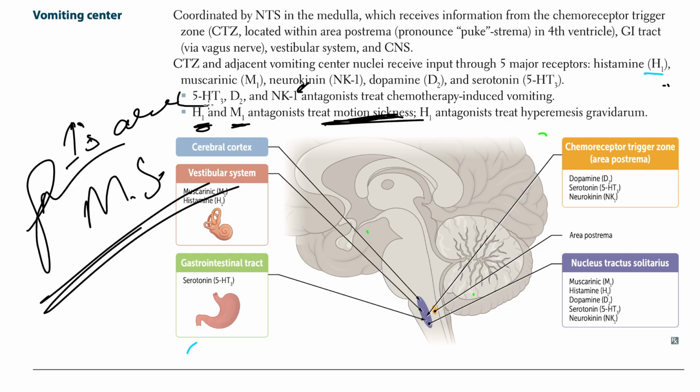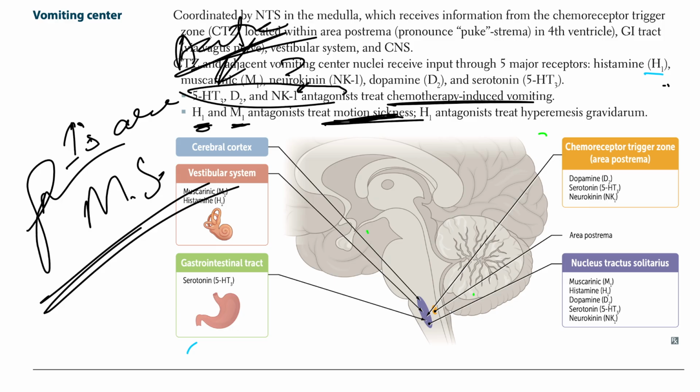And serotonin, dopamine, and NK1 antagonists are all for chemotherapy. 5-HT3, which is serotonin type 3 receptor, and D2, dopamine type 2 receptor, they are all for acute.